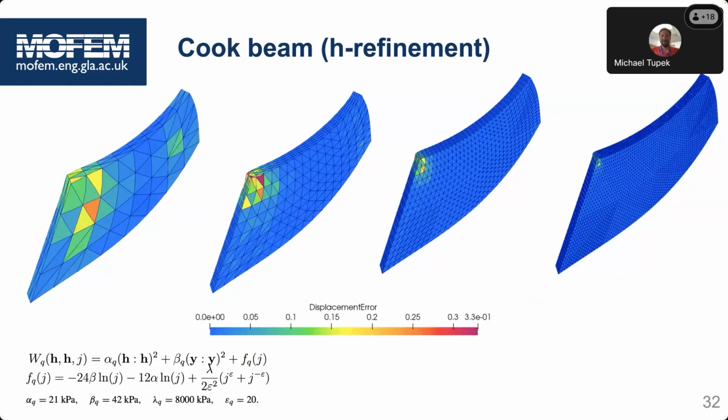But you don't duplicate the degrees of freedom, they're already duplicated. It's simply zeroing the row and column and putting one on the diagonal, and then the crack automatically appears.